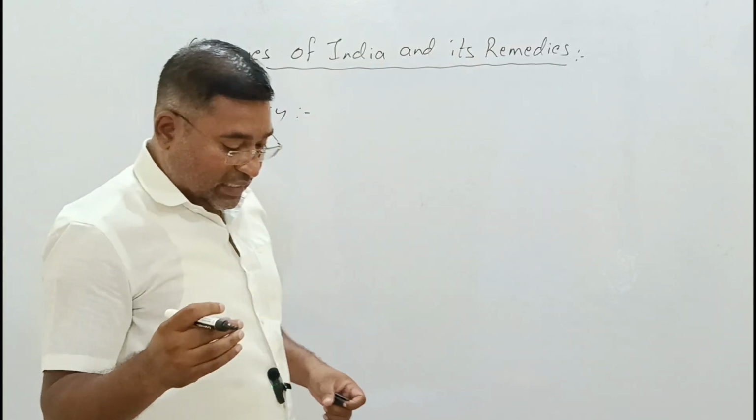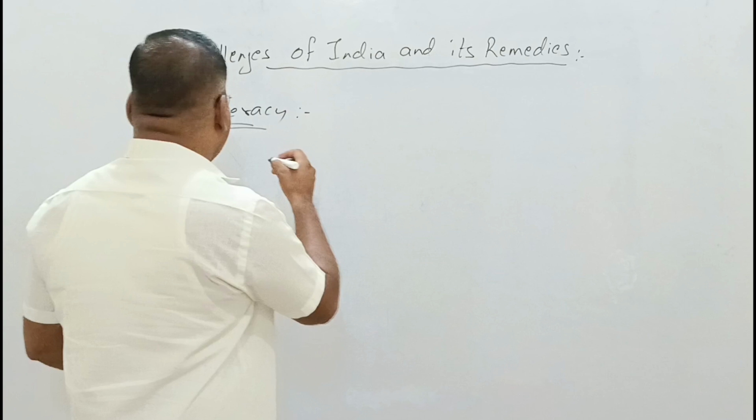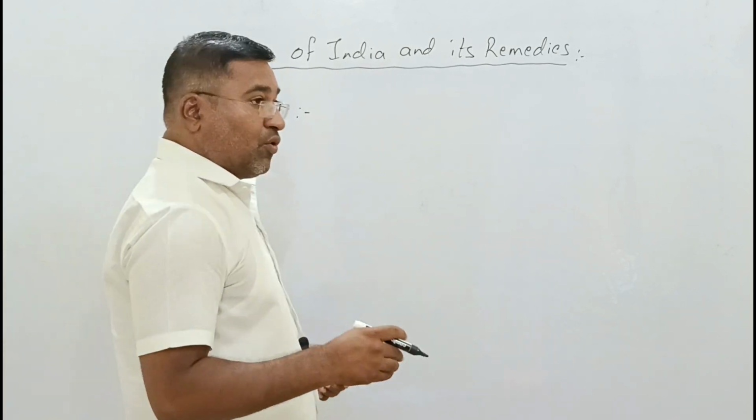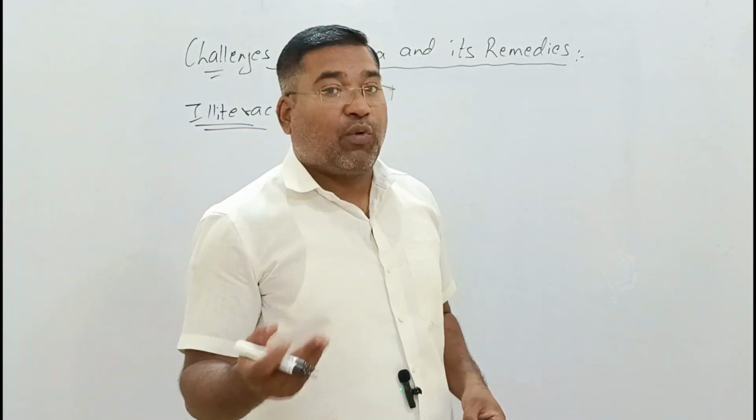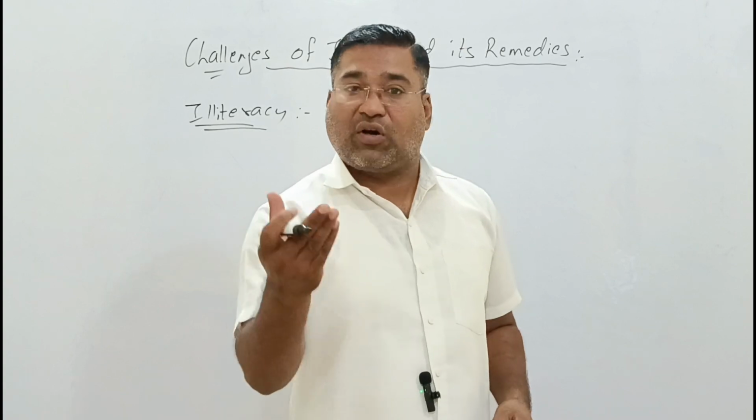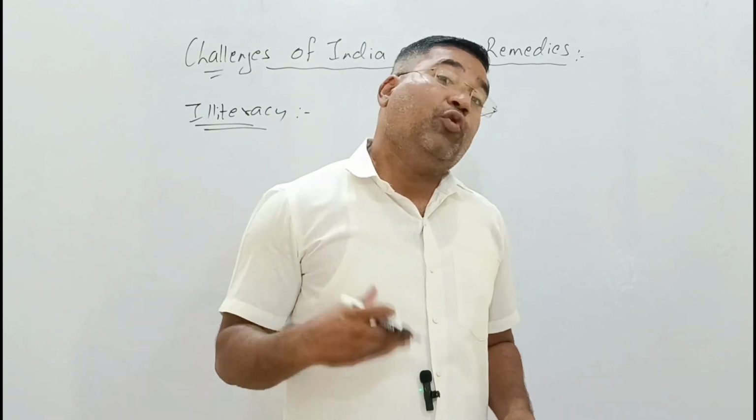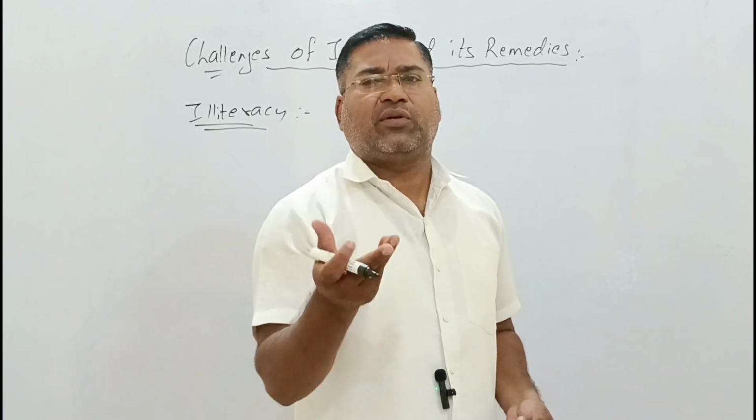When we talk about illiteracy, whom do we call illiterate? The one who is unable to read and write is called illiterate. Whom do we call literate? The one who is able to read and write.